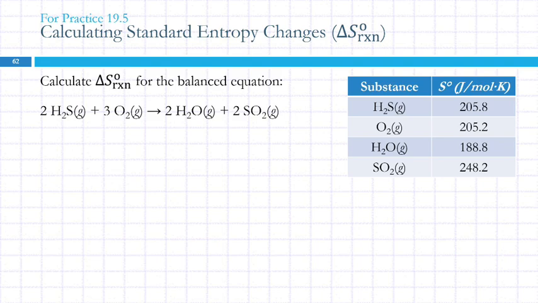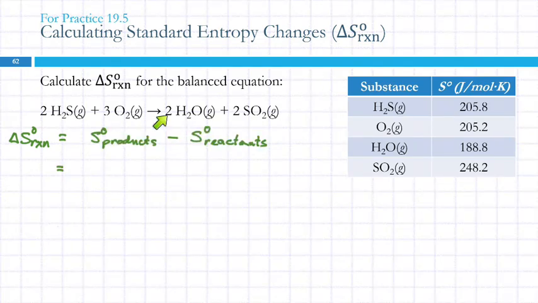Let's calculate the change in entropy for this balanced equation. So we're going to look at the entropy of the products, and we're going to subtract the entropy of the reactants. So delta S naught for the reaction is going to equal, well, let's see.